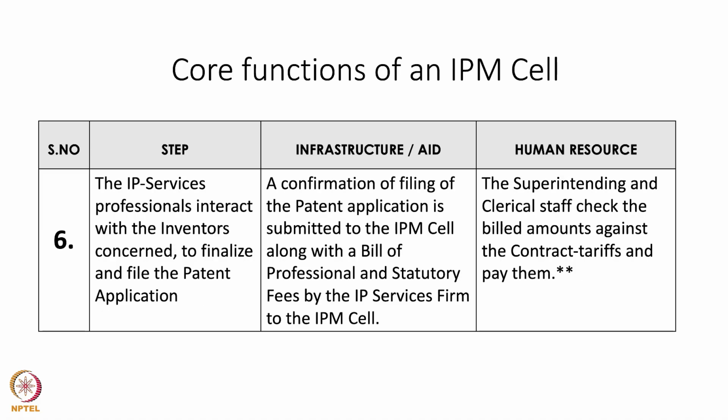Then the IP service professionals interact with the inventors to finalize and file the patent. A confirmation of filing the patent application is submitted to the IPM cell along with the bill for professional and statutory fees, and the person in charge checks the billed amount against the contract rates that have been agreed.